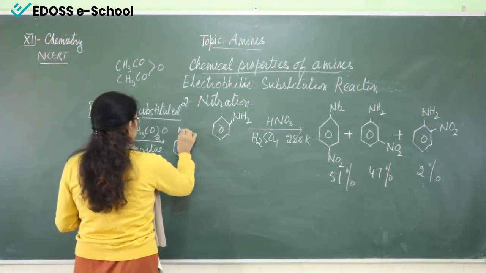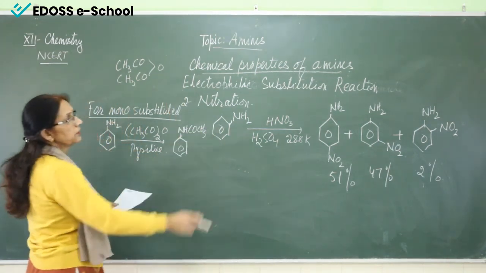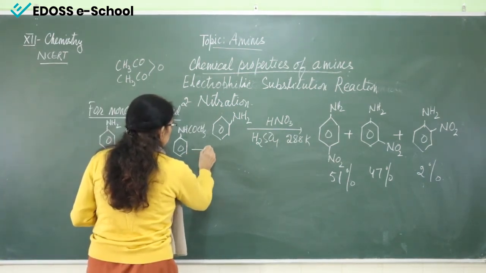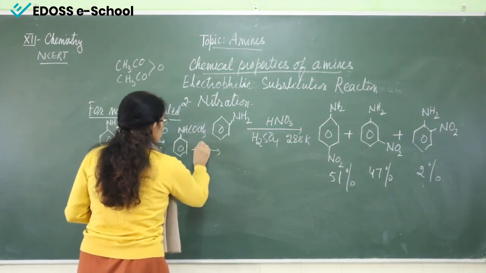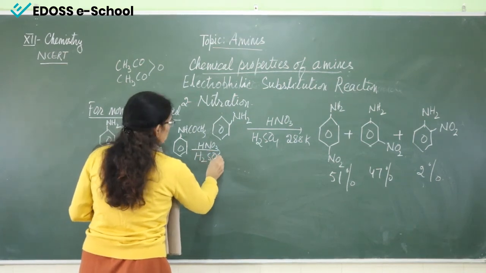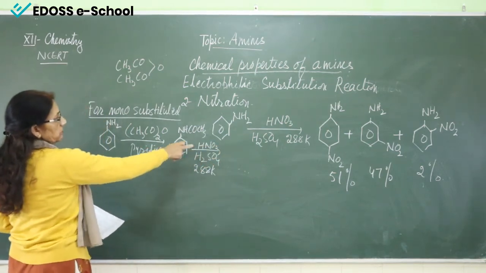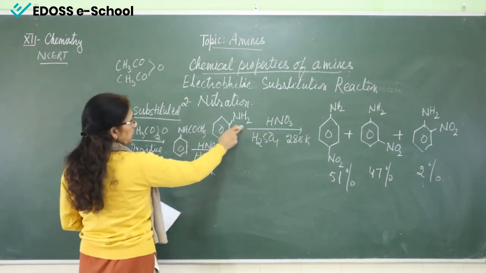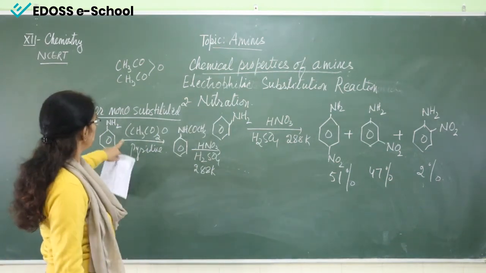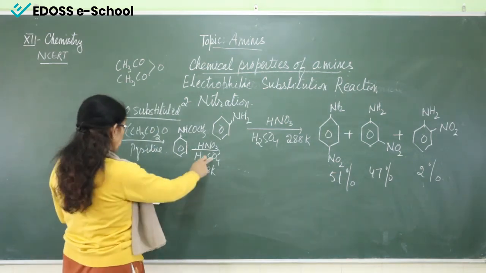We will get NHCOCH3, same way as we did in bromination. And now when we react it with HNO3 and sulfuric acid at the same temperature, 288 Kelvin, same reaction. Before this reaction we have to treat aniline with acetic anhydride and pyridine to get mono-substituted compounds. So what will happen here?